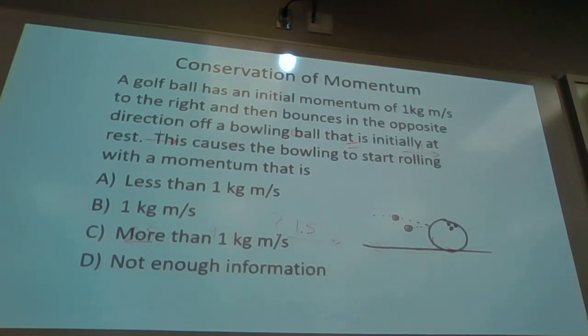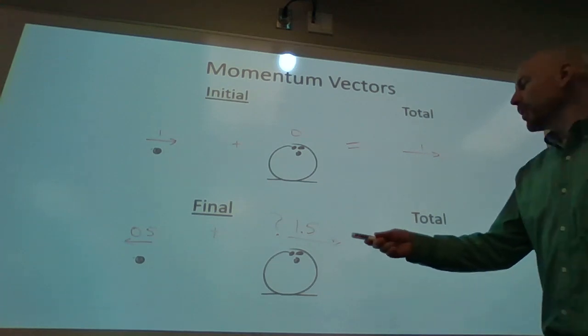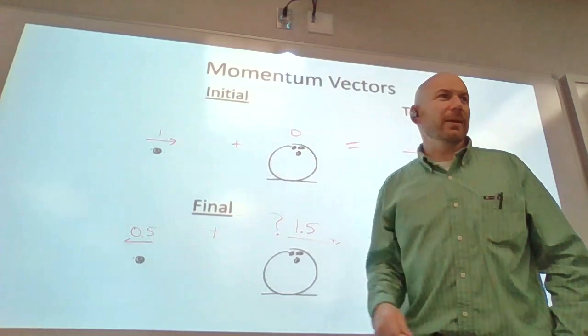All right. Now, very non-intuitive question. You need these momentum diagrams to help guide your thinking. Okay? Here's why this makes sense. How can you have more momentum than what you started with?